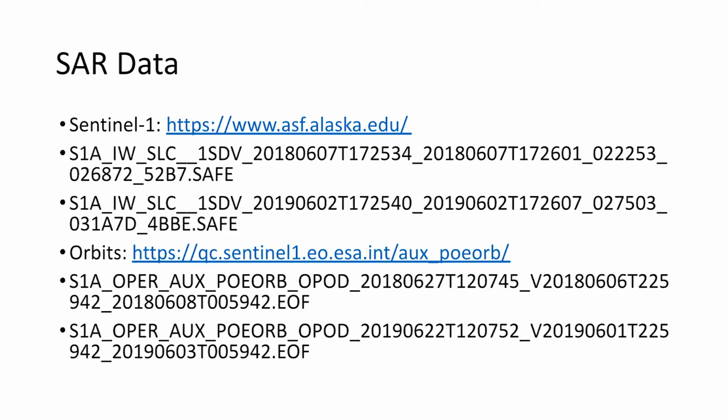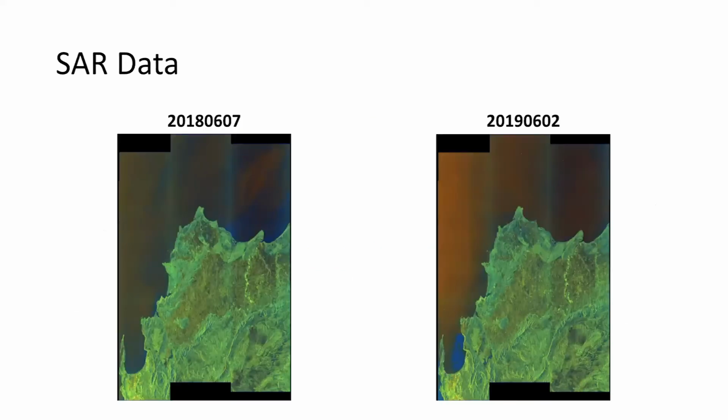The first one was captured in June of last year, and the second one in June of this year. The orbit data I downloaded from the InSAR website, and these two orbit files correspond to the two Sentinel data. So this is the SAR data I used in this study, and this is a preview of the two SAR data.